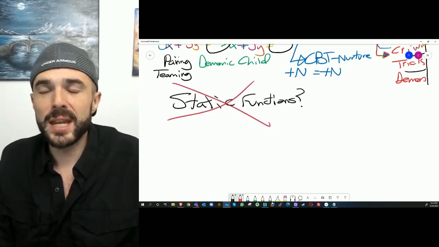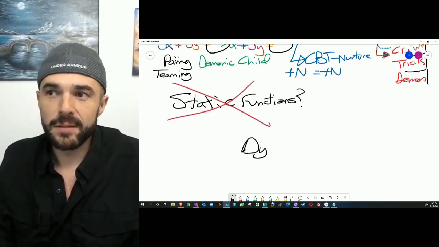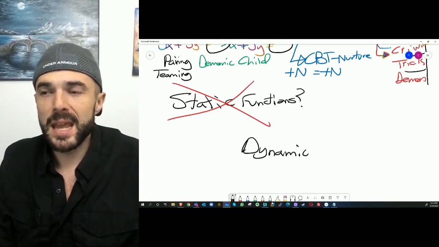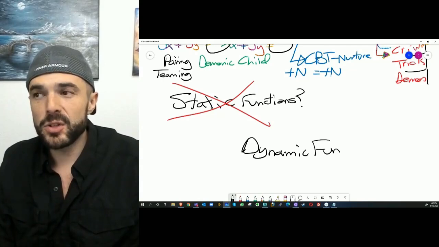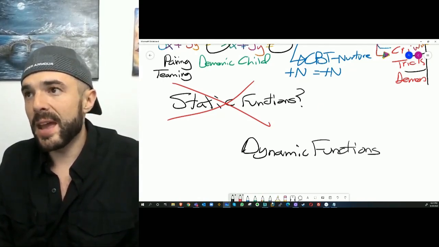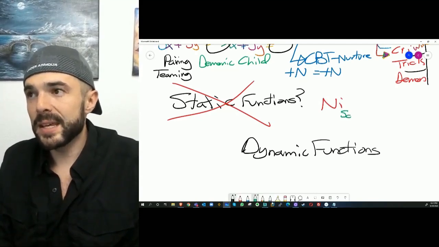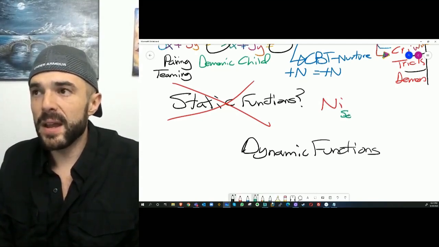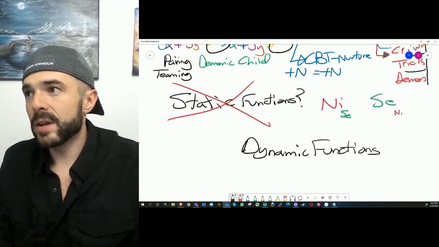No, this is wrong. There are dynamic functions. Dynamics. This is why I called this the four sides dynamics. Dynamic functions, all right? So when you look at, let's say, you have NI hero, right? And then you have SE inferior, right? Well, then what if you have SE hero and then you have NI inferior, right?